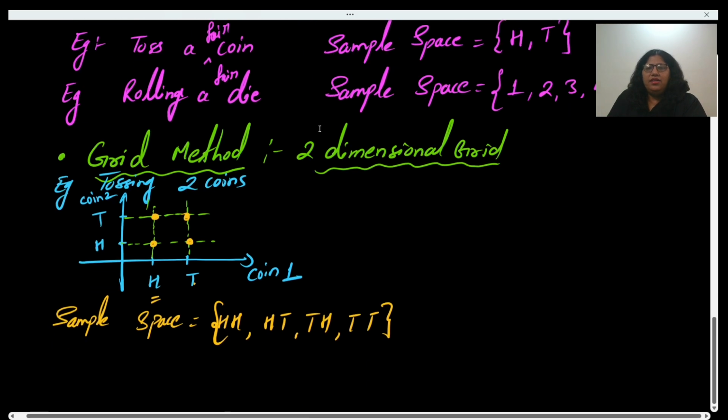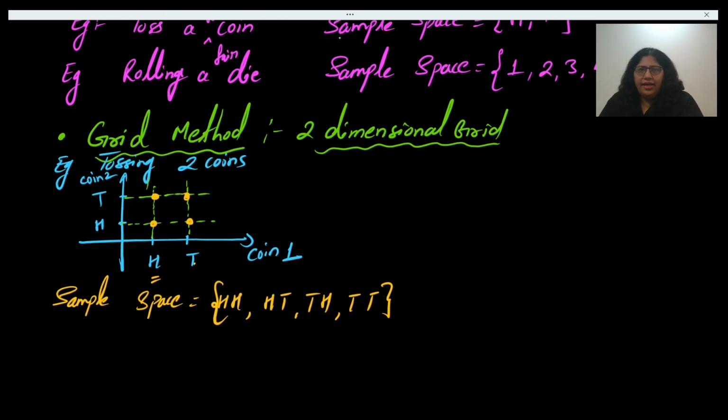Now the grid method is going to be very important. I can take an example: you can take two dice together, or what are the outcomes if I take one coin and one die? Here you don't need to write out the sample space. By reading the grid you can also find the possible outcomes and work out the probability.